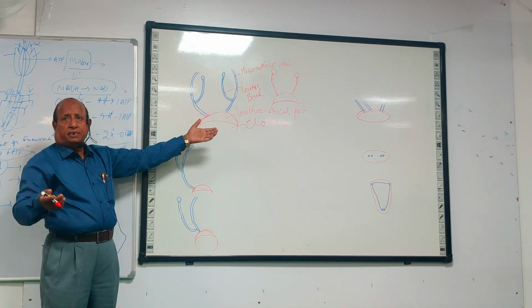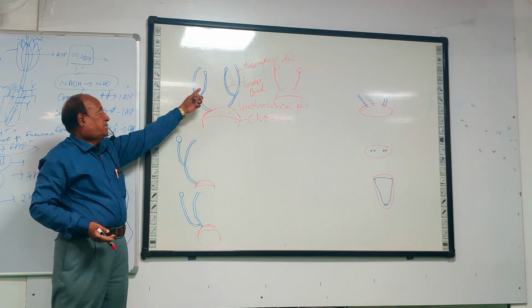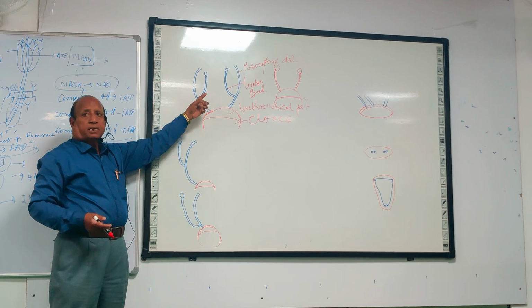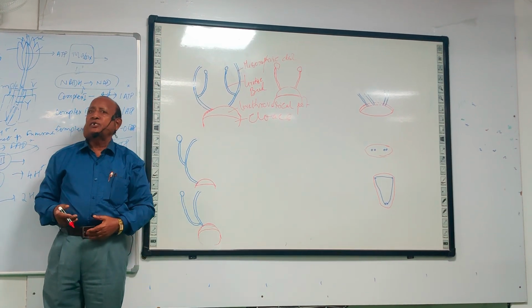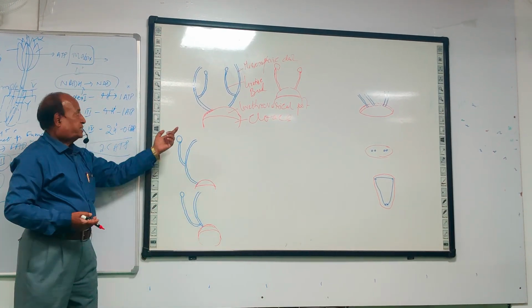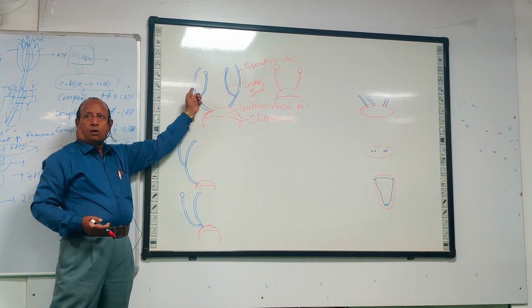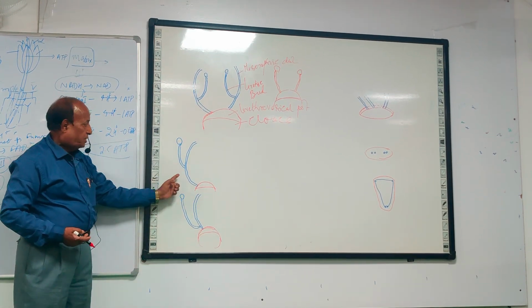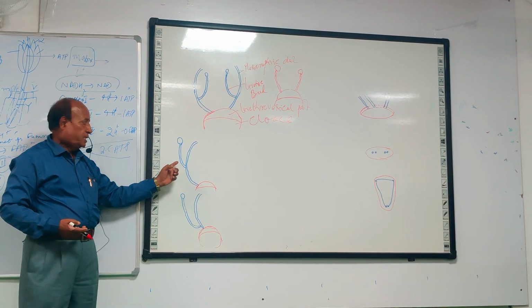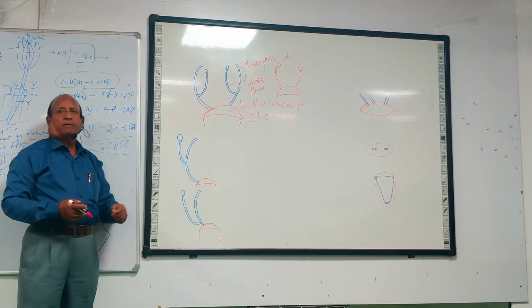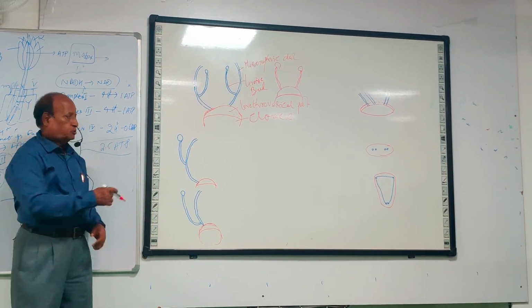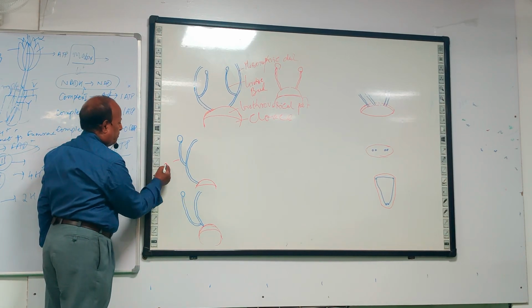And in the further stage of development, this urinary bud becomes ventrolateral. The same thing is here. This is the dorsal-medial aspect of the mesonephric duct. Now in this diagram, what we find, this urinary bud becomes ventromedial.